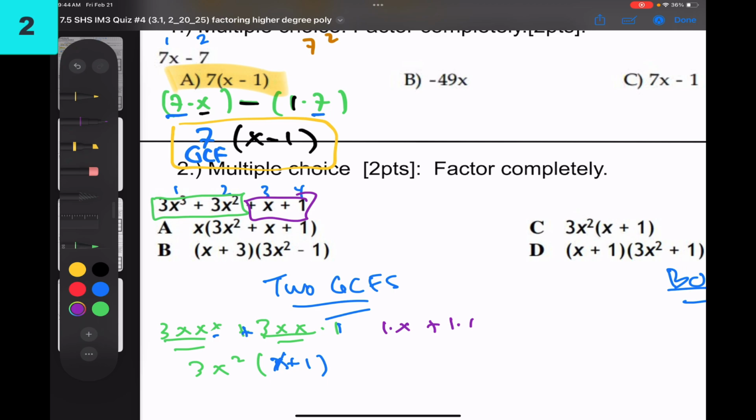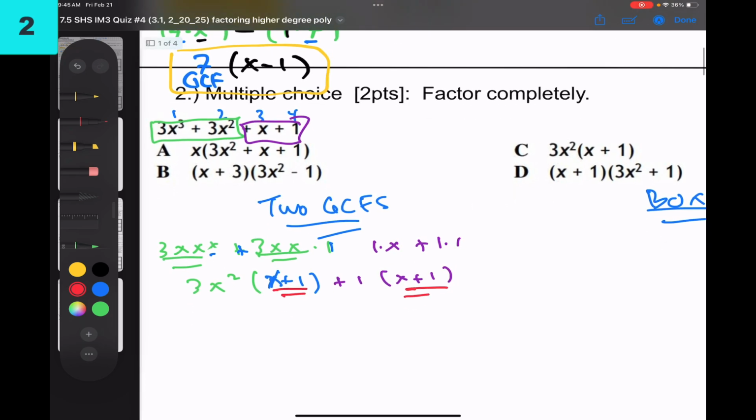And hopefully you can see that they just have a 1 in common, so you just leave it as 1 times x plus 1. And then what they have in common, this is now your second GCF, x plus 1. And then what you don't have there is these two. That would be 3x squared plus 1.